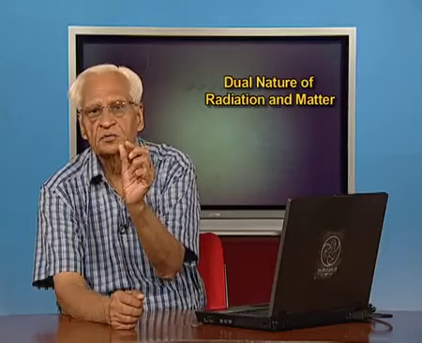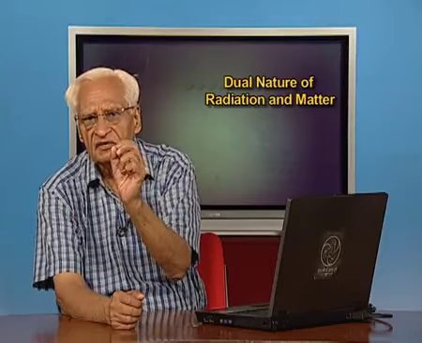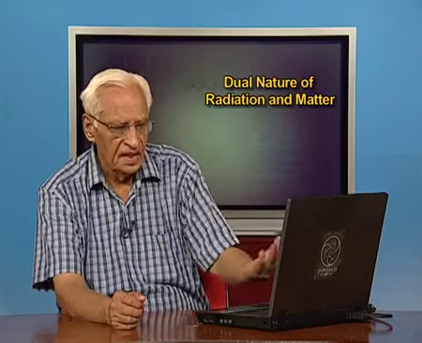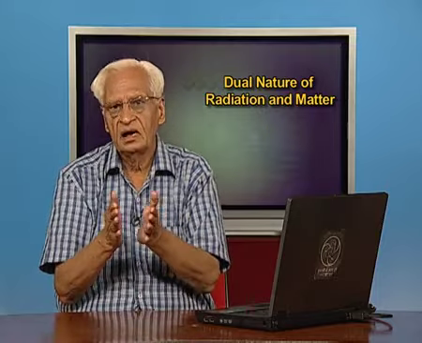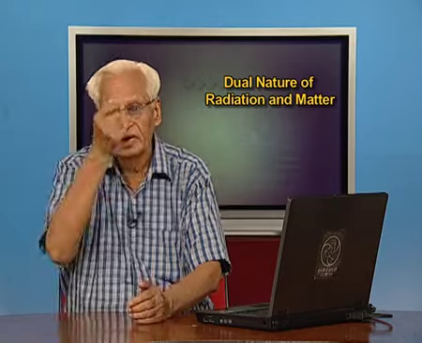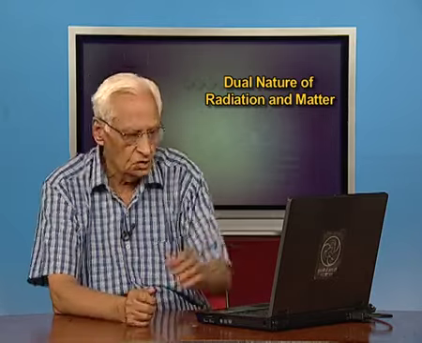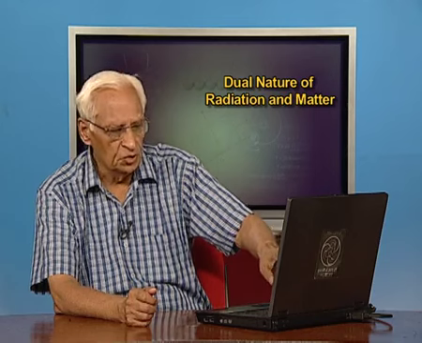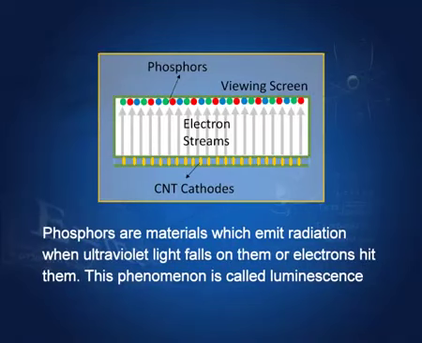Nano is 10 to the power -9 meters. So, these are very thin carbon tubes, and if you apply a field even of 12 volts, electrons can be emitted. So, we have millions of these carbon nanotubes which form a cathode.